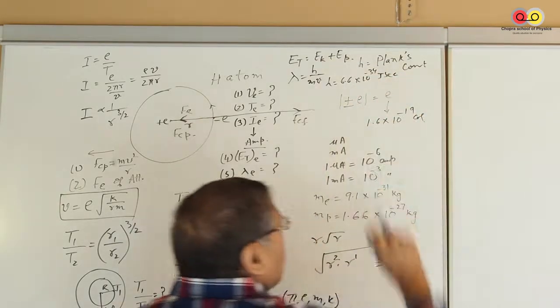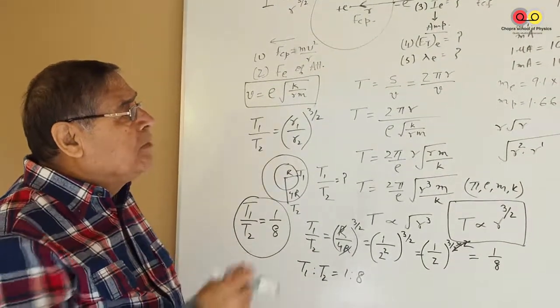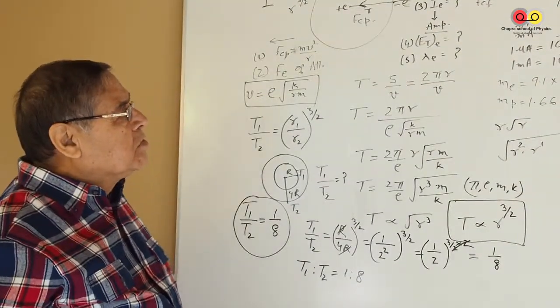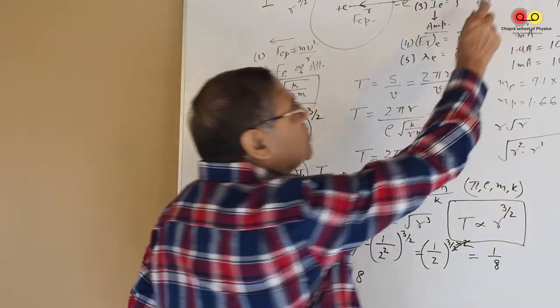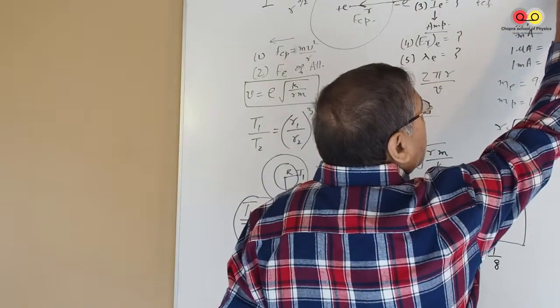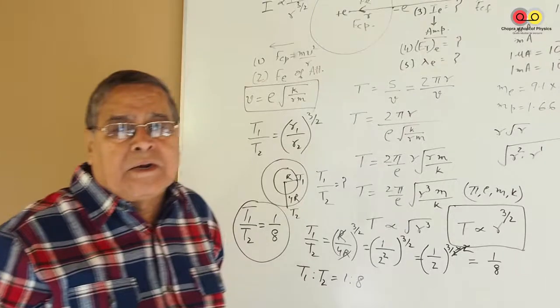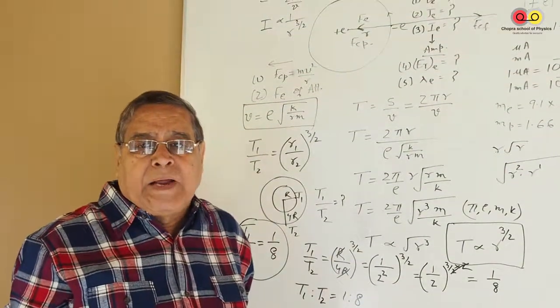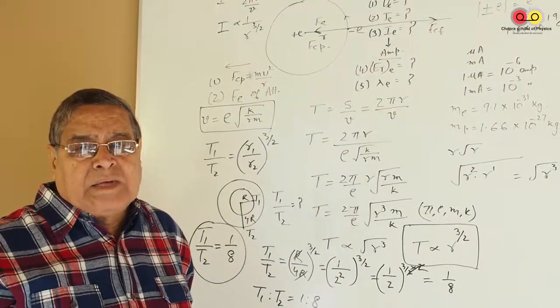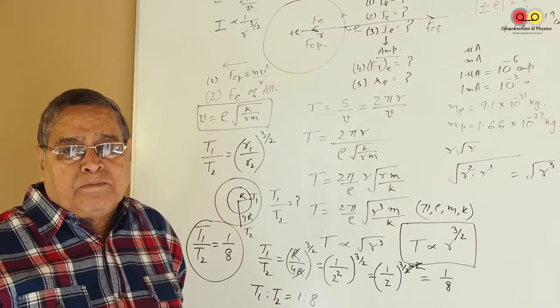I'm using joule second. Joule is work, second is time. The product of work and time is taken for Planck's constant, and the product of the two is angular momentum. So the dimension of Planck's constant is the same as that of angular momentum.